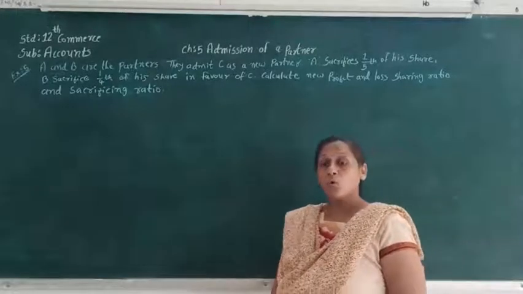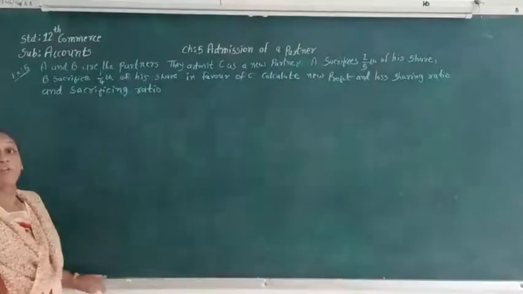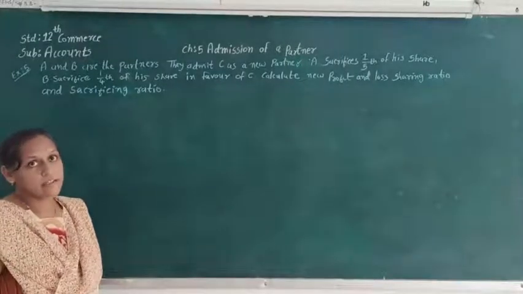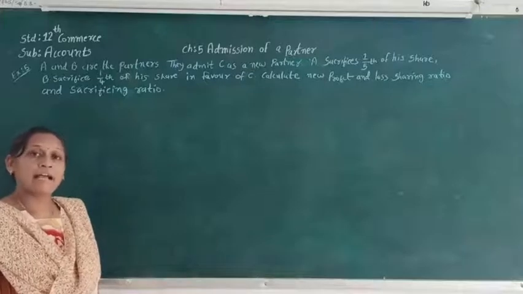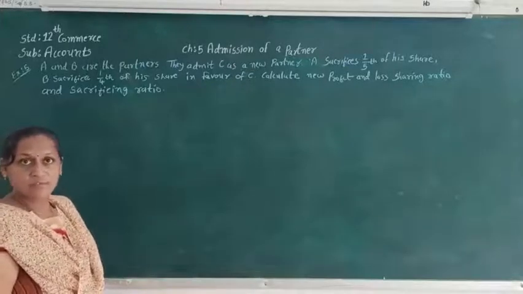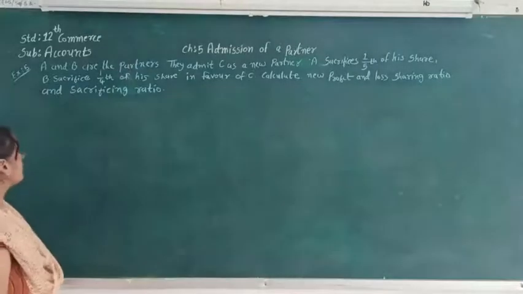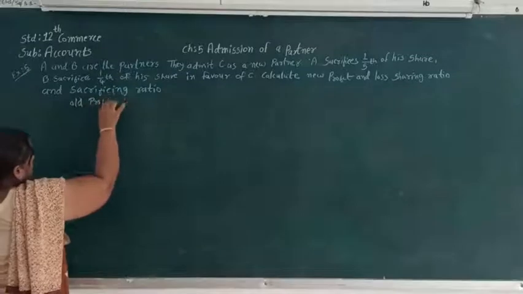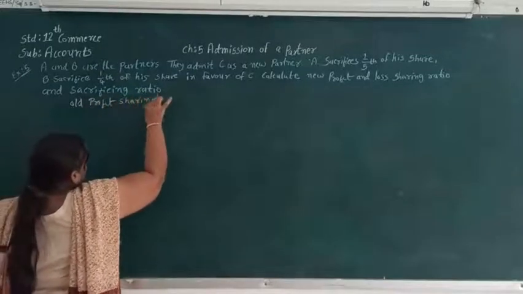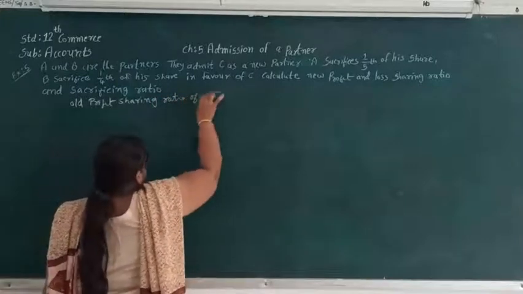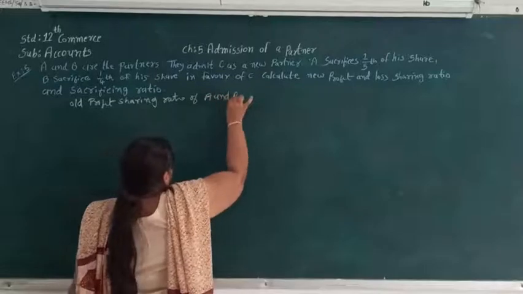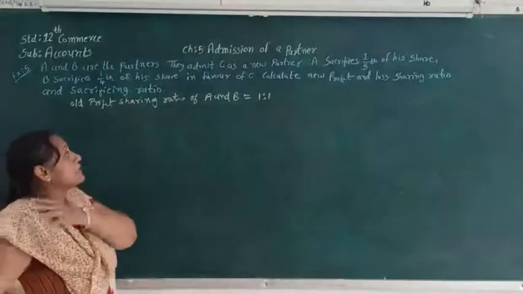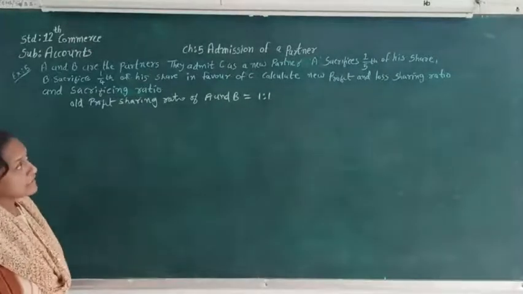So whenever the old ratio is not given, it is taken as 1:1. Okay. So again, they are telling us that they admitted C as a new partner and A sacrificed 1/5 of his share.